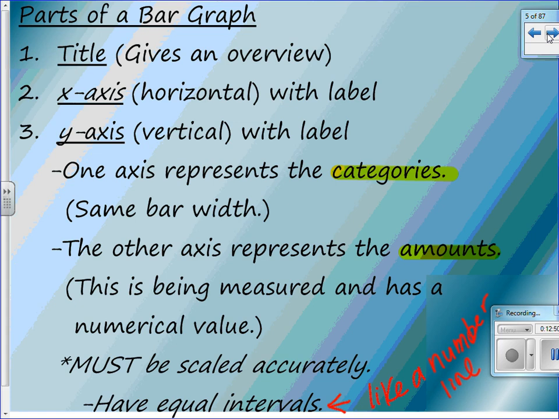If I decide to go up by 200 square miles, this one is 400, this one is 600. Notice, they're roughly the same amount apart, okay? Even though I don't have any data points that are 200, 400, and 600, I have to put them up there because this has to be like a number line. It has to go up by equal intervals.